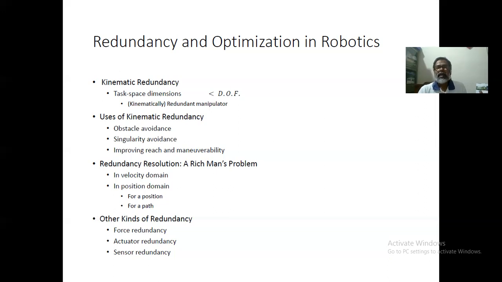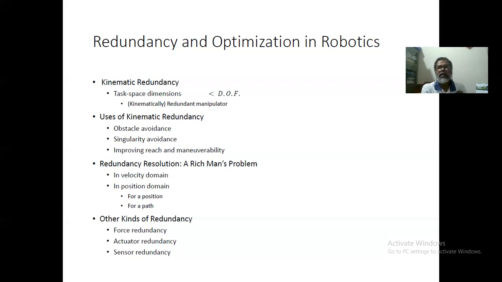It's a rich manipulator having more degrees of freedom than necessary, so the choice comes as a trouble for the algorithms. Now, in what domain do you have to do this resolution? In velocity domain or in position domain? If you have to do it in position domain, then for a particular position or for a complete path.